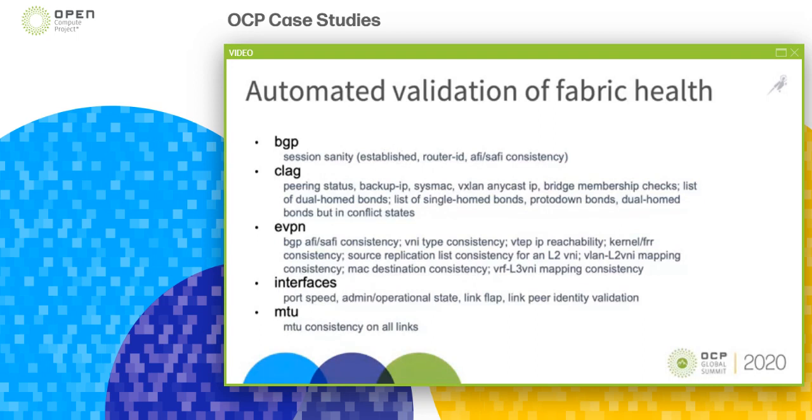So we have a very powerful use case for this that we have developed at Cumulus, where the idea is that by looking at the state of network protocols, for example, BGP or CLAG, or by looking at the state of network interfaces, or by even looking at physical configurations of the MTU values set on either end of a link, we can in real time detect things that are not configured correctly or situations in which protocols are not behaving correctly, and run a very large number of validation checks.